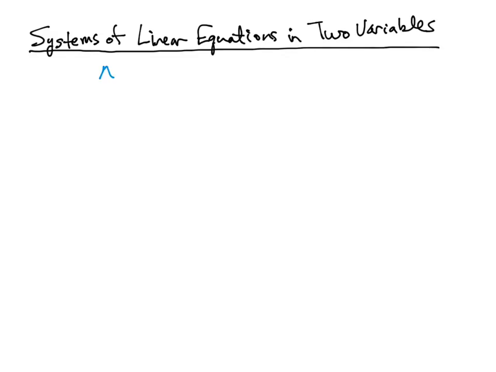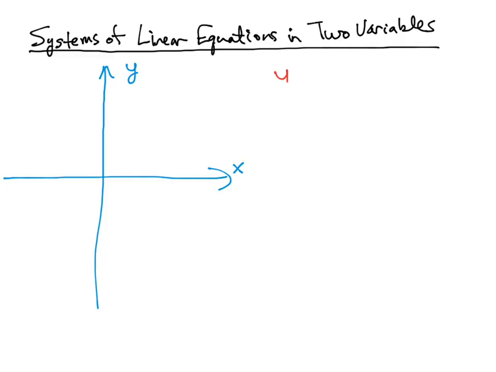If we have two lines in the xy coordinate plane, let's call the first line y equals 5x plus 6, and the second line y equals negative 2x minus 1.